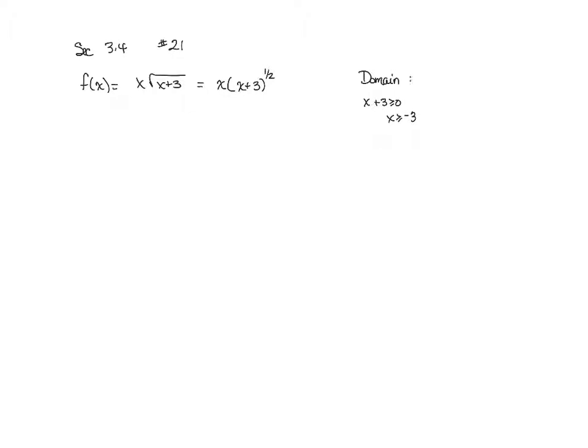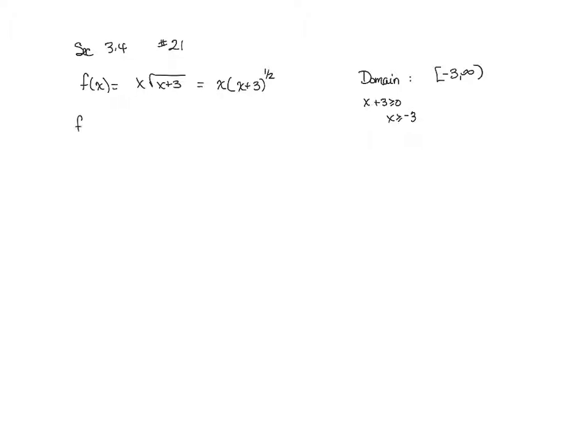So I'm just looking at the interval -3 to infinity. No matter what, when I get my critical values or my possible points of inflection, they have to be in that interval because the graph doesn't exist when x is less than -3.